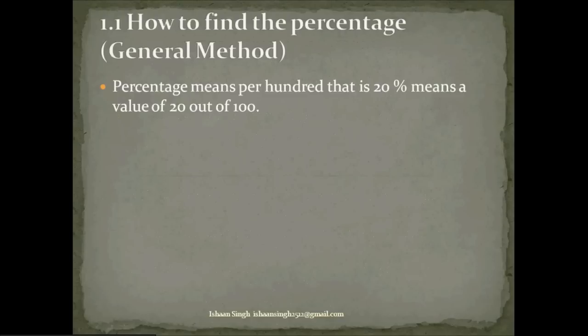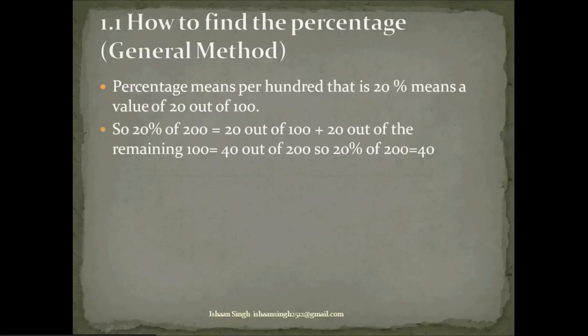So percentage means per 100, that is 20% means a value of 20 out of 100. So suppose we have to find 20% of 200. Going by the definition, we can say it is 20 out of 100 plus 20 out of the remaining 100. So it becomes 40 out of 200. So 20% of 200 becomes 40.